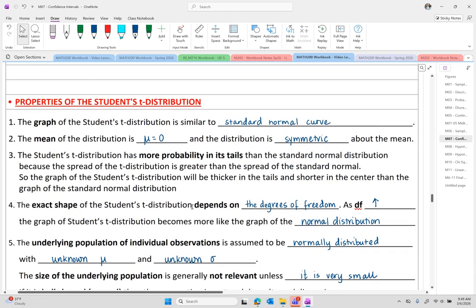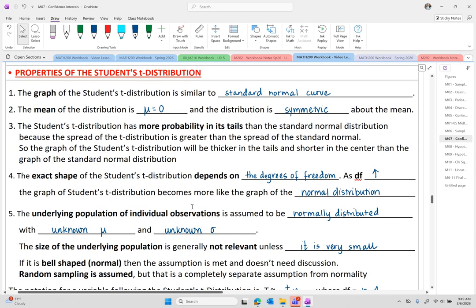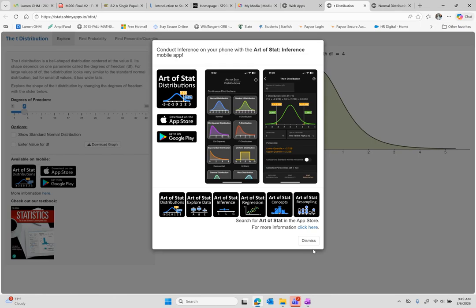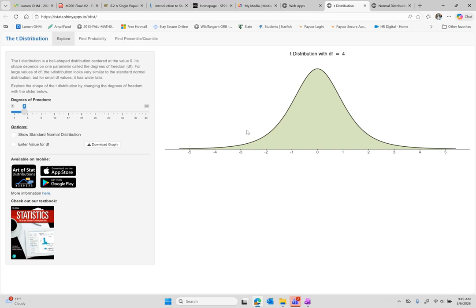The graph of the student's t-distribution is similar to the standard normal curve, so it looks normal. Let's take a look here. As you see, it looks kind of like a normal distribution. This graph that automatically comes in Art of Stat has degrees of freedom 4. 4 is n minus 1. That means that the sample size is 5.